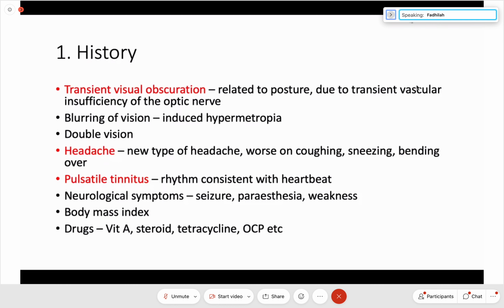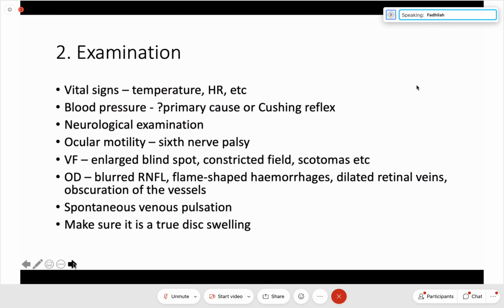Sometimes when you look at patients, they are a bit overweight, you're a bit like, okay, I don't want to ask because you don't want to hurt the patient's feelings, but that's wrong. You have to ask, okay? And the history of drug usage, like vitamin A, steroids, whether usage of steroid or withdrawal of steroids, tetracycline and oral contraceptive pills, and there's a long list of drugs that can cause this as well.